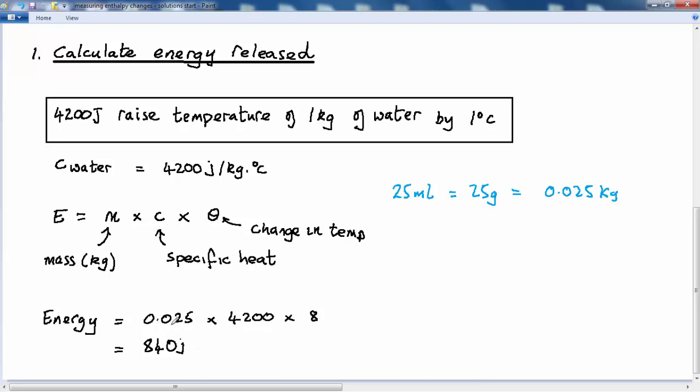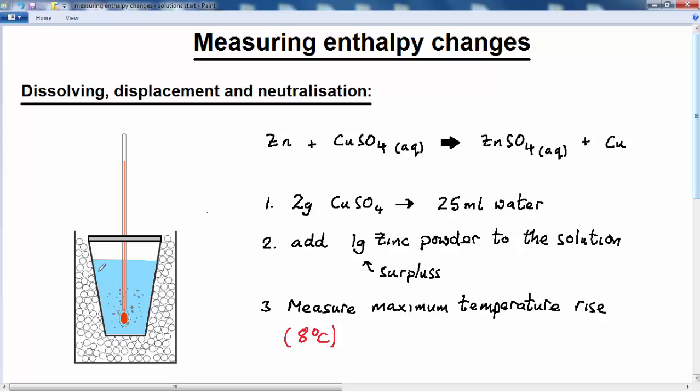So 0.025 multiplied by 4,200 multiplied by 8, that's the temperature change, and that gives us 840 joules. Okay, so just summarizing that again, we've added the zinc to the copper sulfate solution. As a result of that, 840 joules of energy was released during that reaction.